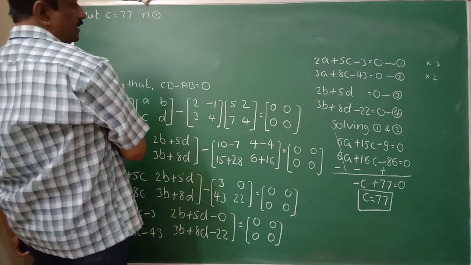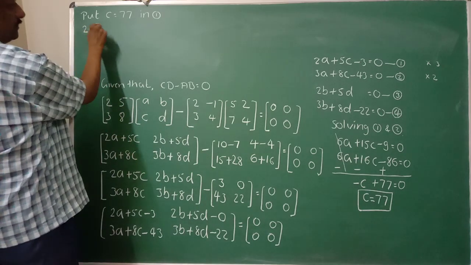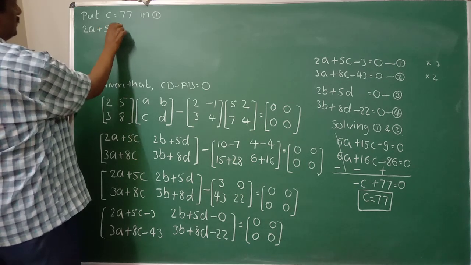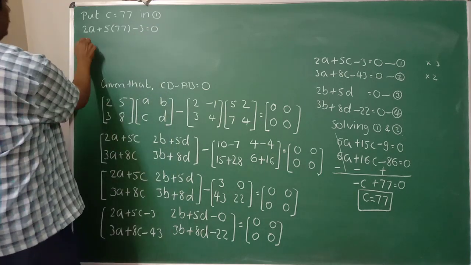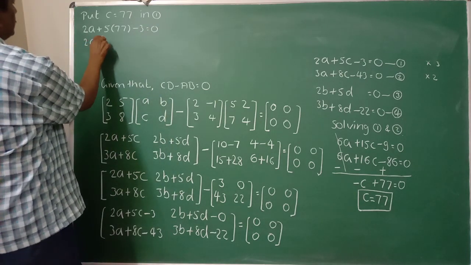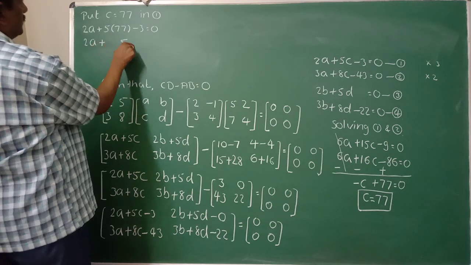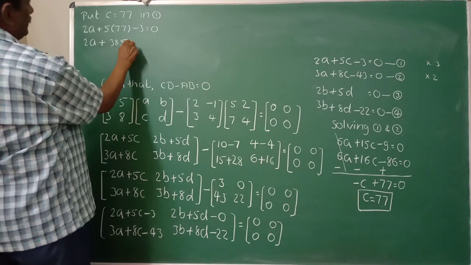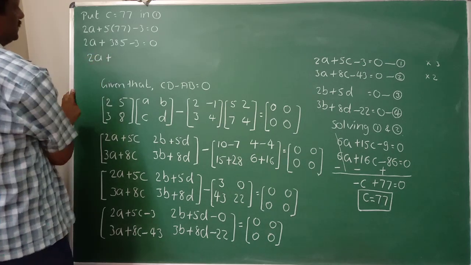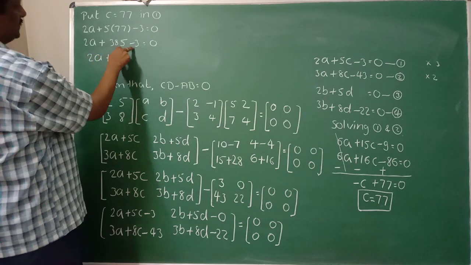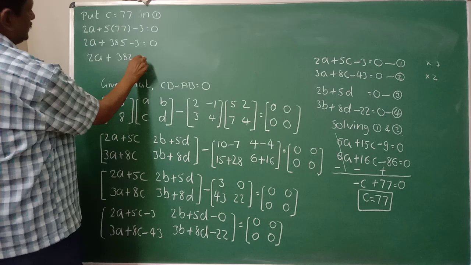Therefore, 2 into a plus 5 into 77 minus 3 is equal to 0. Write 2a plus 77 into 5, which is 385, minus 3 is equal to 0. Hence 2a plus 385 minus 3, 382, is equal to 0.